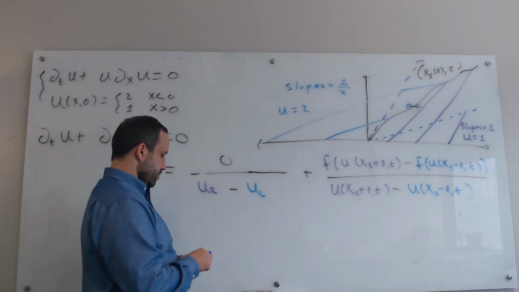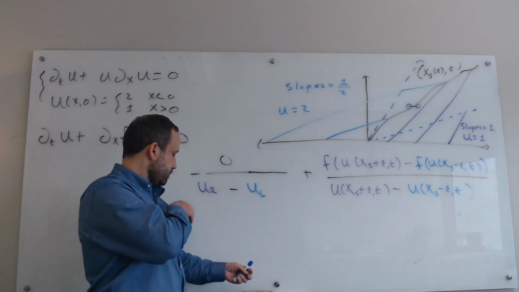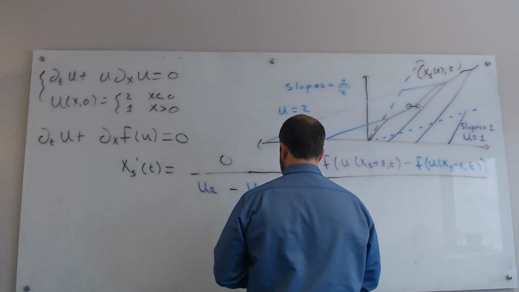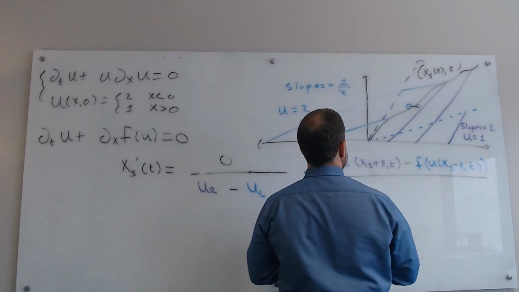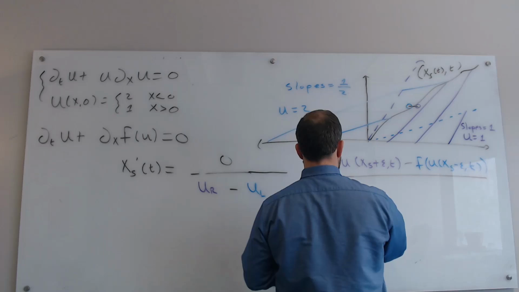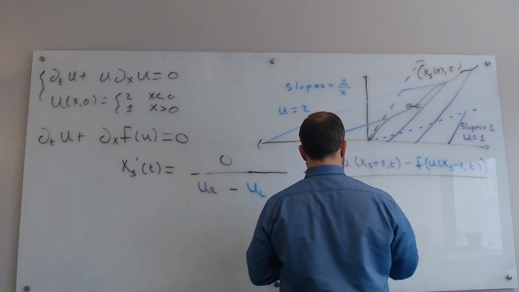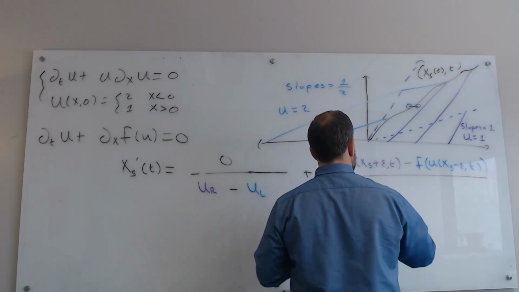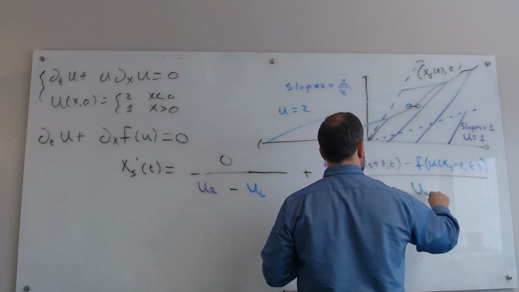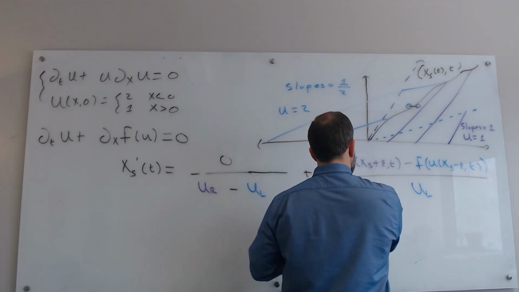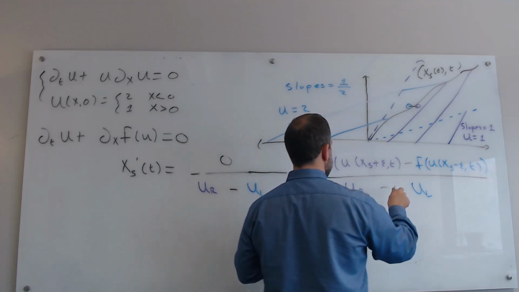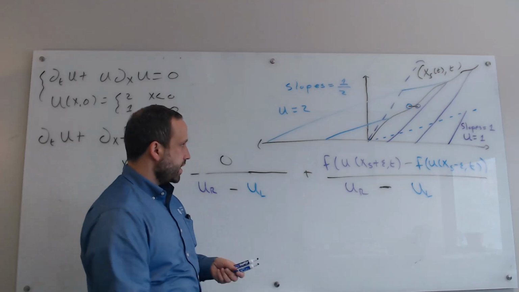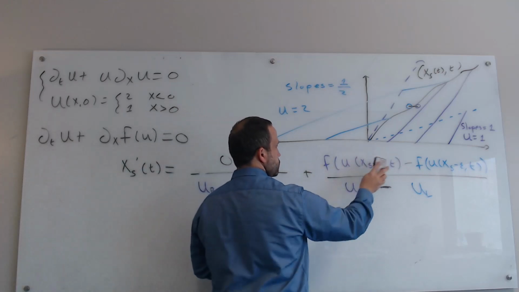Now over here, what's going to happen? Well, down here, we're just going to have ur minus ul again. And now if u is a continuous function, this goes to ur.